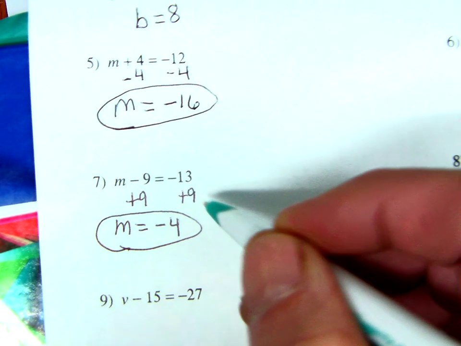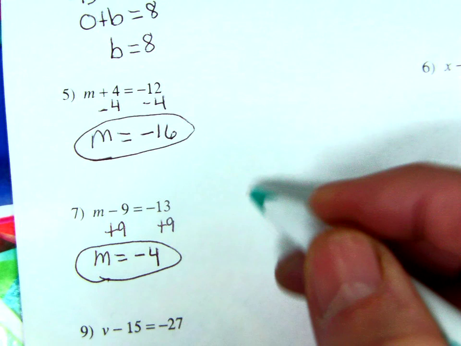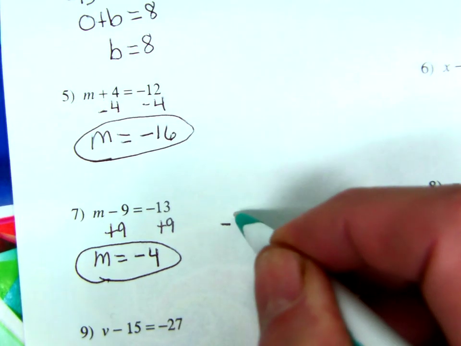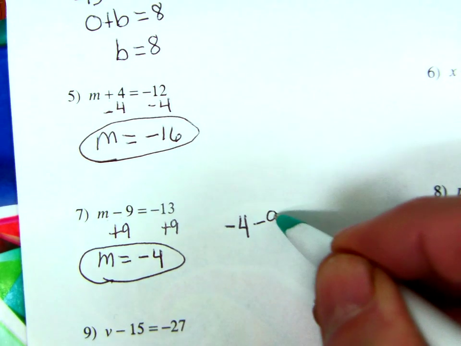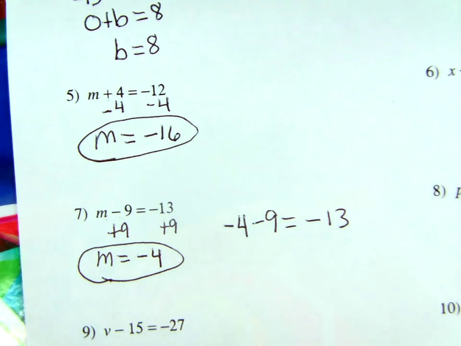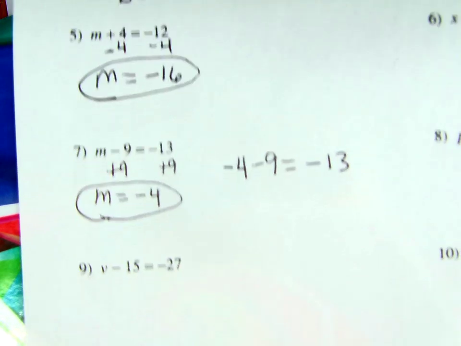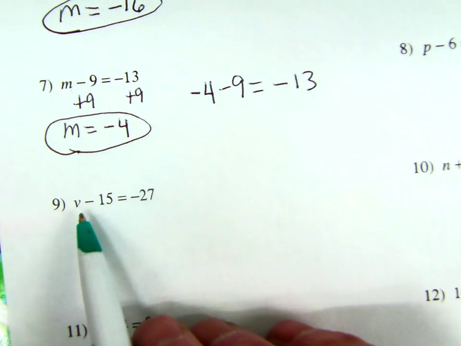How do I know that's the correct answer? When I plug negative 4 back in for M, it allows me to check it. So negative 4 minus 9, it does in fact equal negative 13. So I did get the correct answer. Number 9. What would you do?